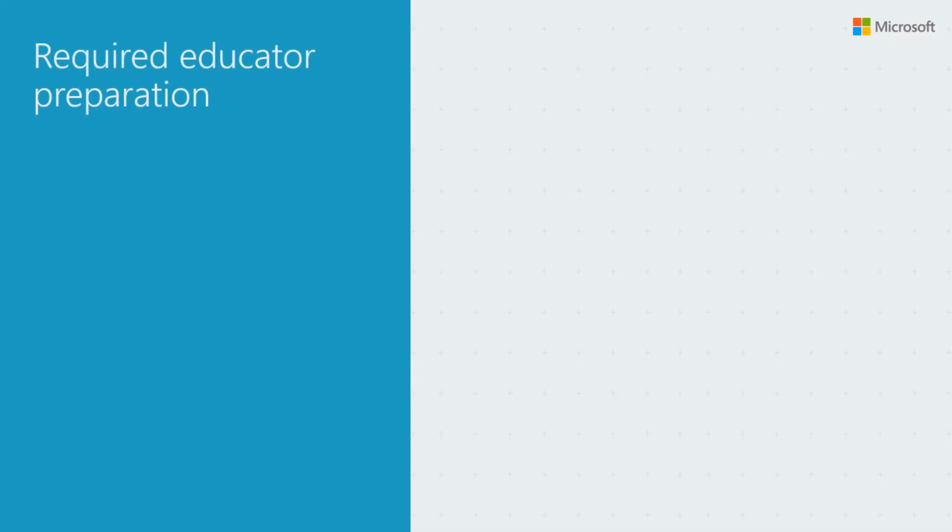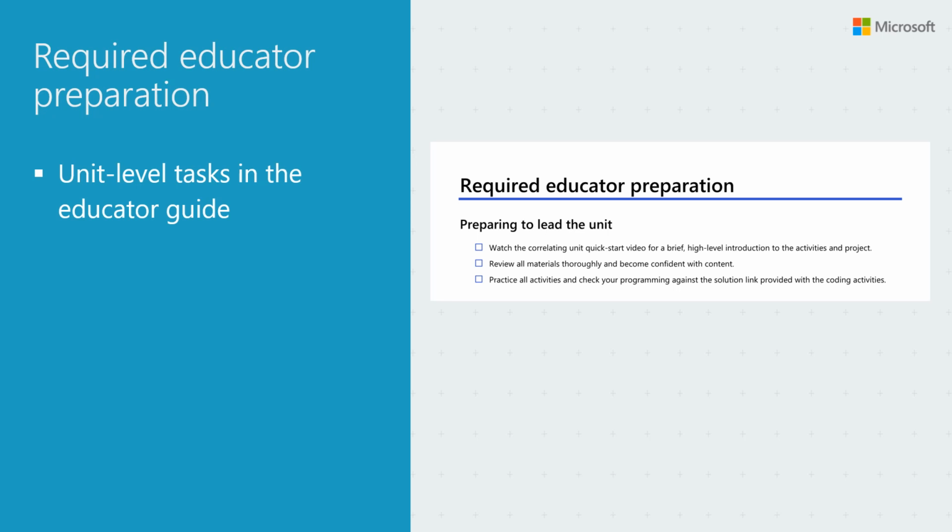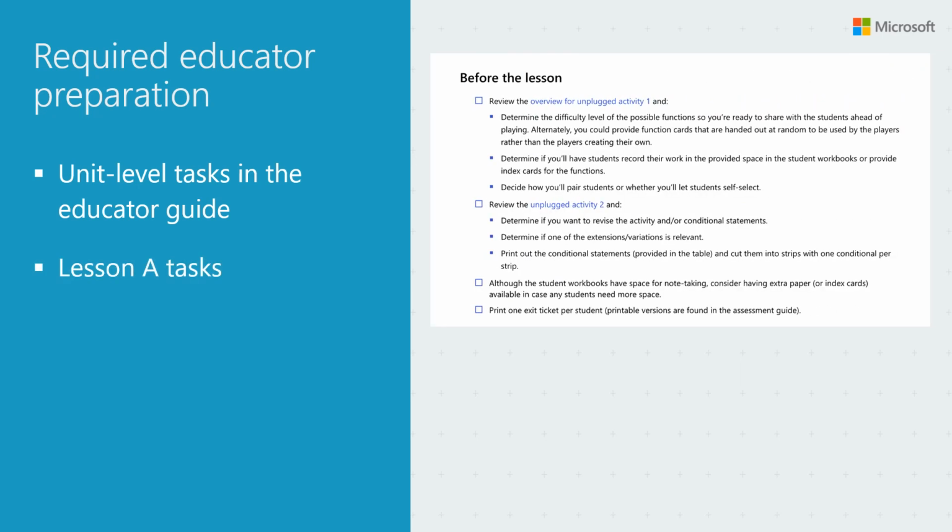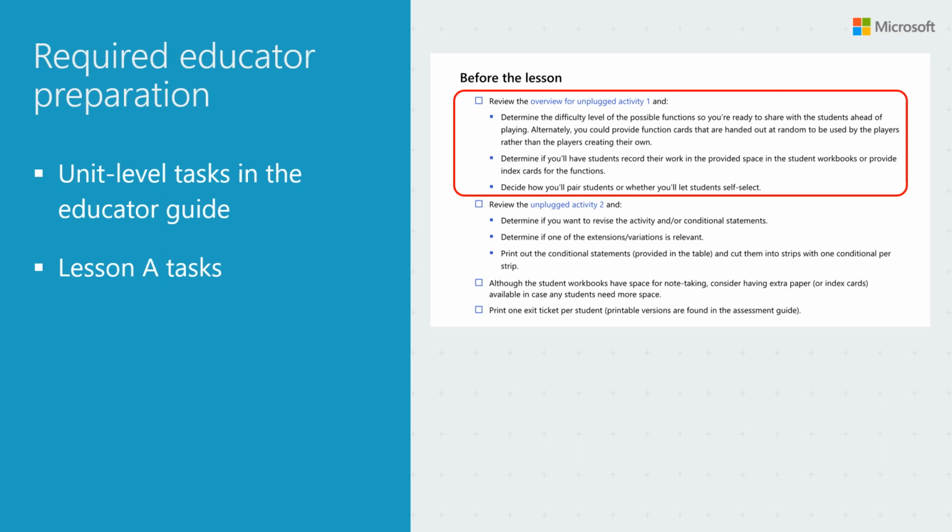I'll call your attention to some key points about your preparation. As you complete the unit-level tasks, you can check your programming against the solution link provided with the coding activities. To prepare for Lesson A, there are some decisions you're going to want to make for each of the unplugged activities. For the first one, what's your function? Decide on the types of functions using the provided examples and whether you're going to prepare function cards or not.